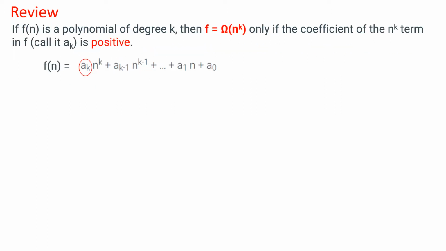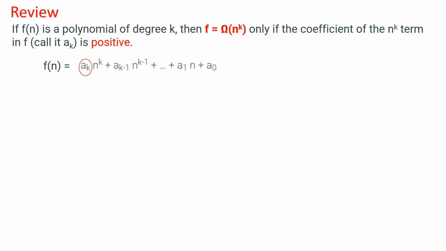Then we started talking about omega, and we said that this statement that you see here on the screen is true, that if we have a polynomial of degree k, then f will be omega of n to the k. And that's true if the coefficient of the n to the k term, the term with the highest power, is positive.